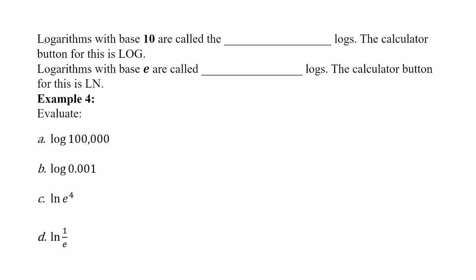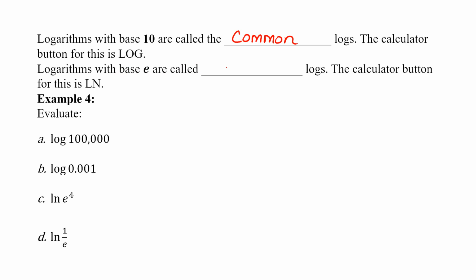Okay, so logarithms with base 10 are called common logs, because that is the most commonly used kind of log, a log base 10. We often want to find how to write a number as 10 to a power. On your calculator, the button you would use for that is log.